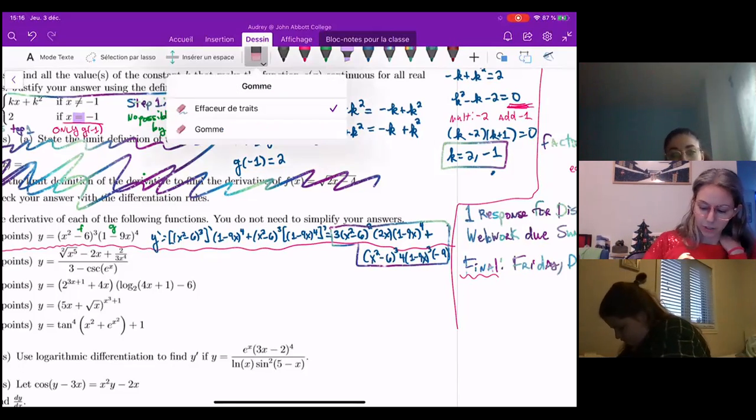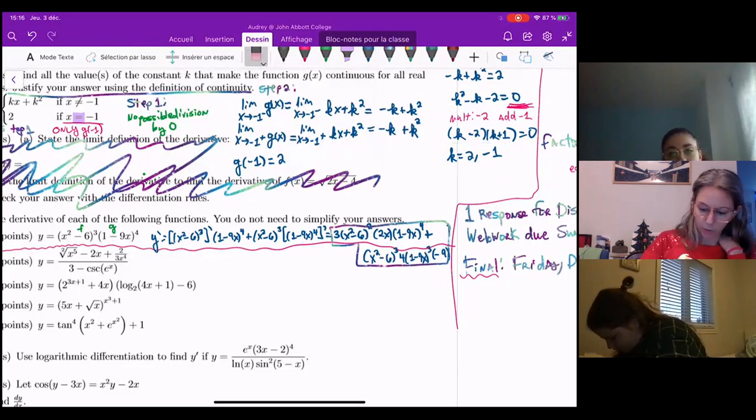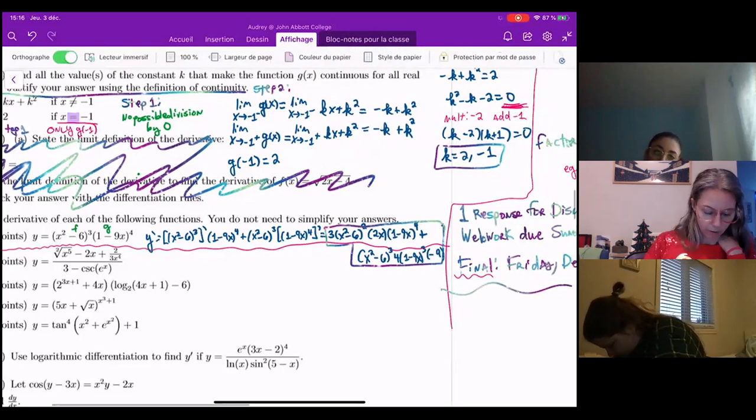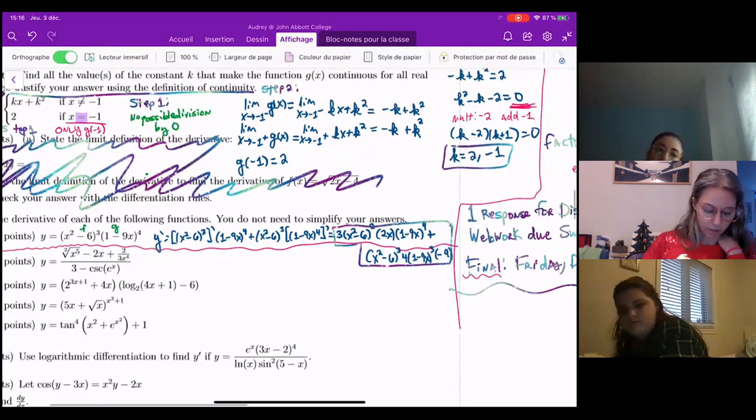Now, question B. I'm going to start writing it over here so that I'm not squunching things. So we're going to do the square, oh lovely, the square root of x to the 5th.